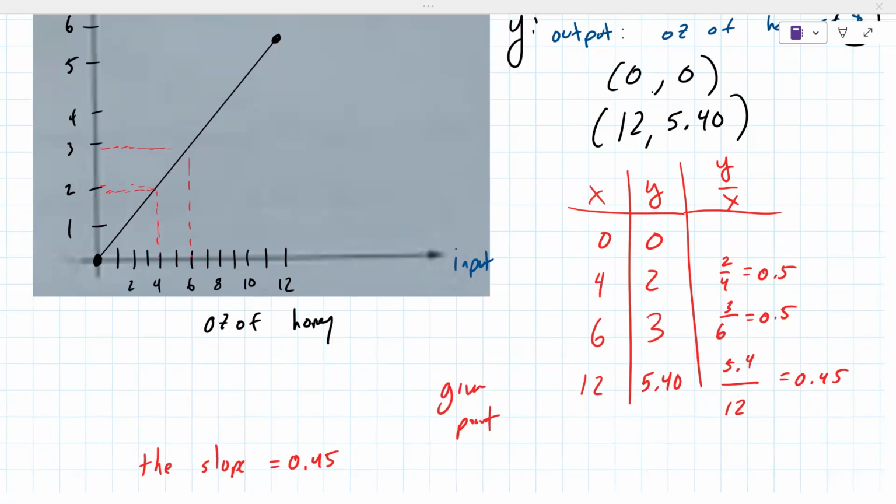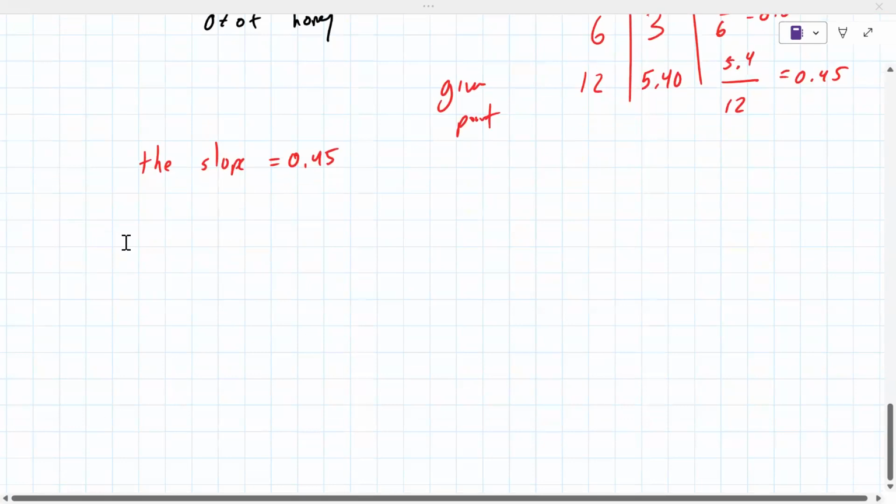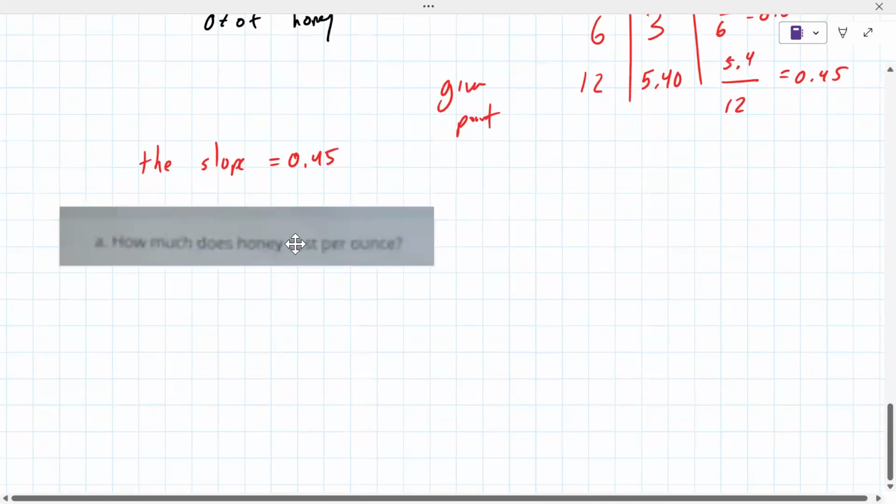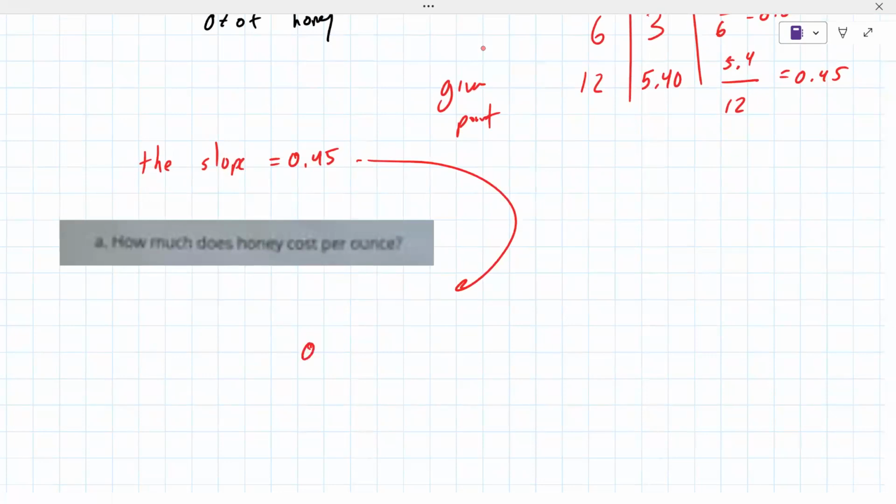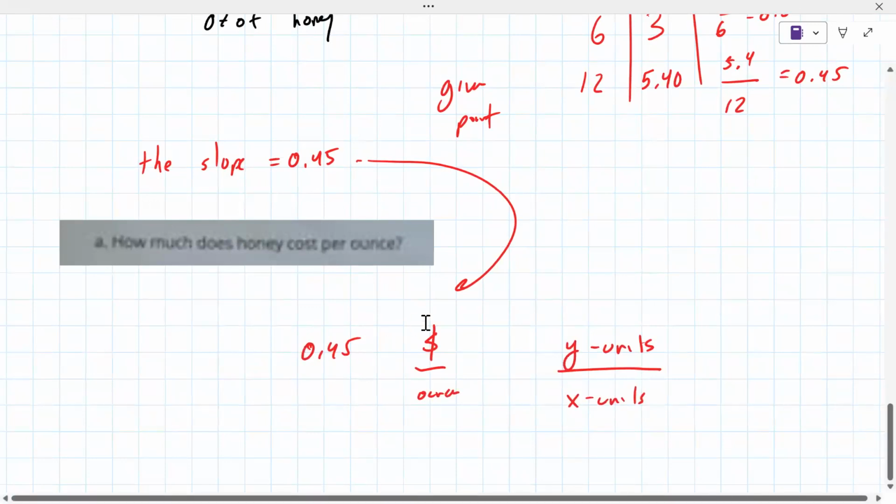It says, how much does honey cost per ounce? Well, it is the slope. The slope is the answer to this question, because the slope tells you the y units, which is dollars, over the x units, which is ounces. So it's $0.45 per ounce.